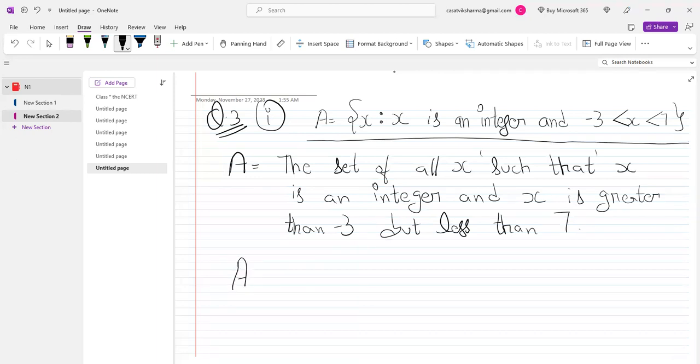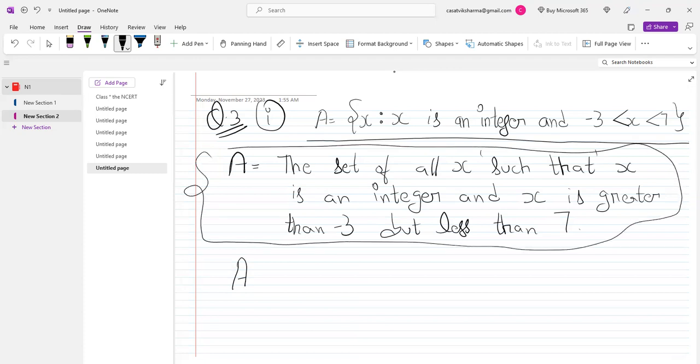That's a set builder form. What they exactly tell you in set builder form in English: colon implies such that, curly bracket, the set of all, and this element x, again x, and this is what they write after colon.